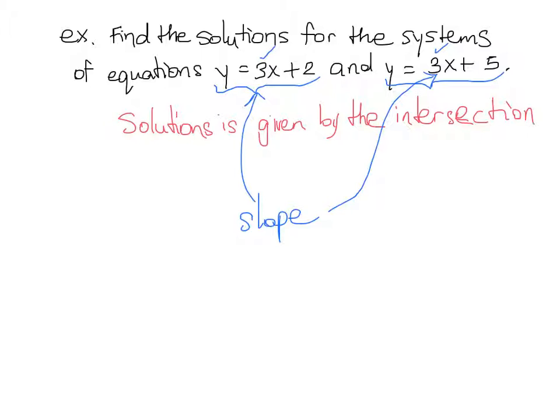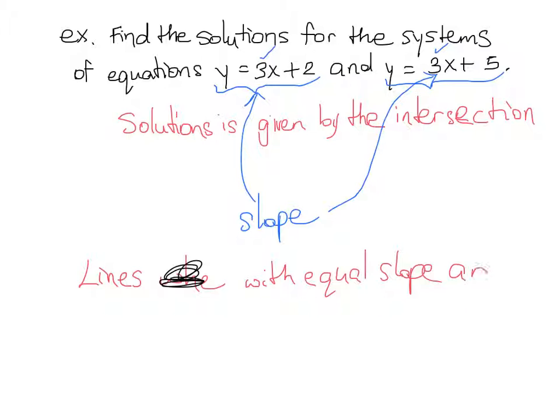So what do we now know about our lines? If you said that lines with the same slope are parallel, you are correct. Let's write that down: lines with equal slope are parallel.